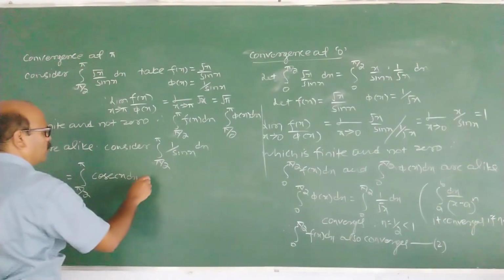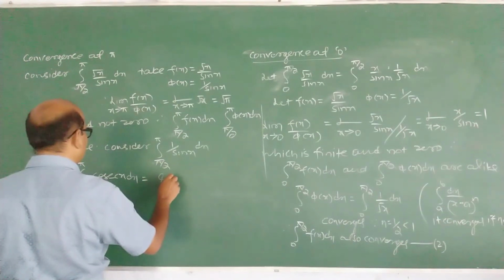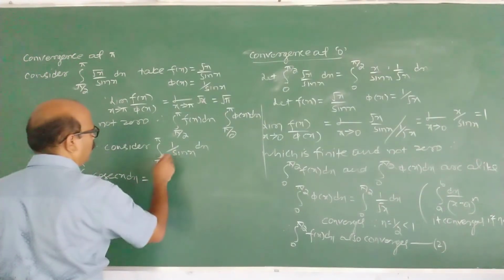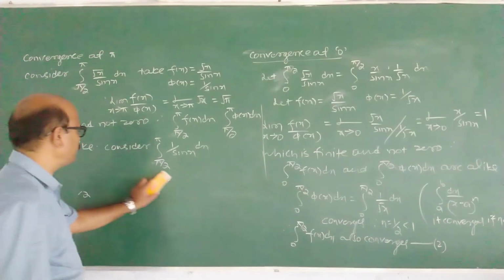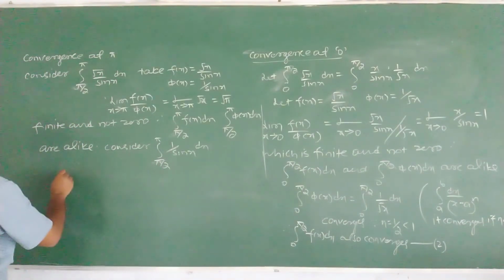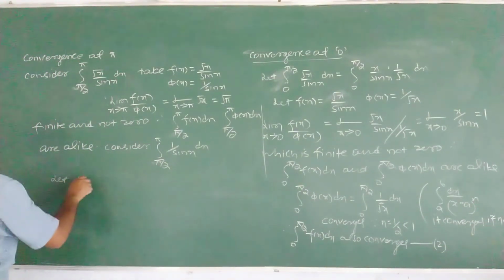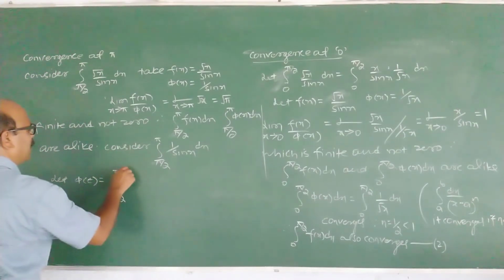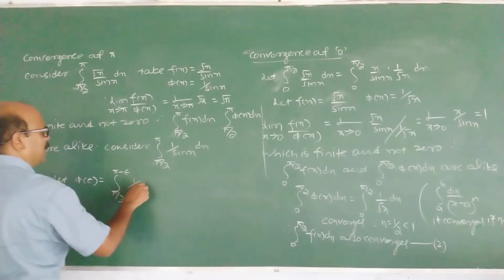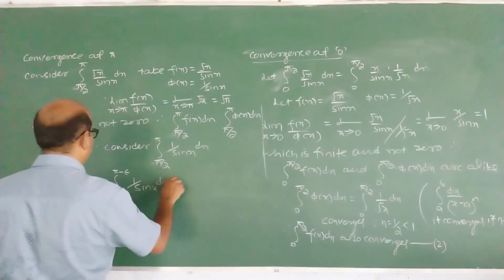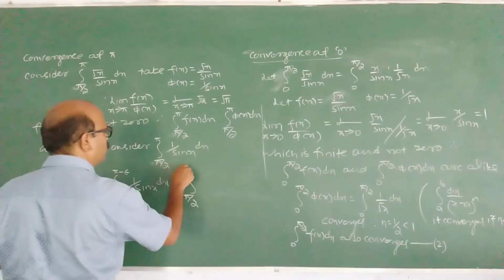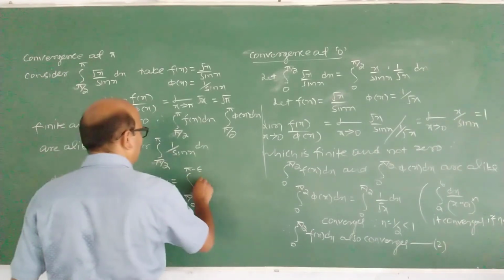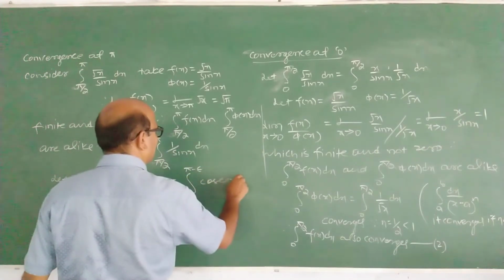What is the integration of cosec x? What is the procedure? We have to use the definition here. Let phi of epsilon be the integral from pi by 2 to pi minus epsilon of 1 upon sin x, that is cosec x.